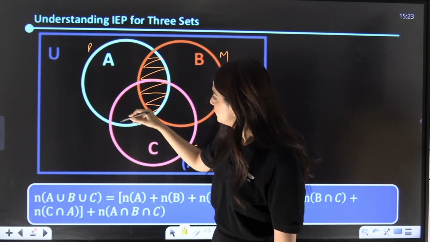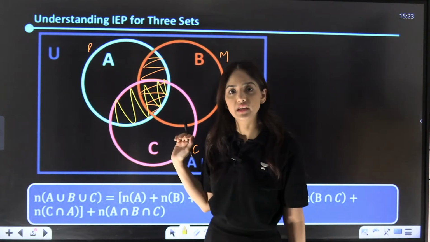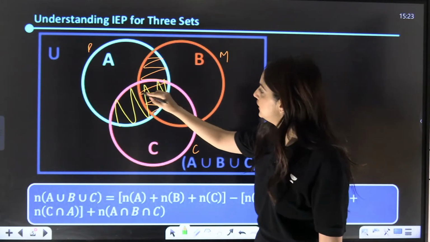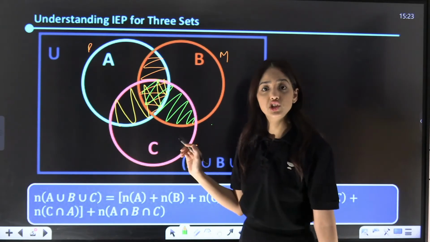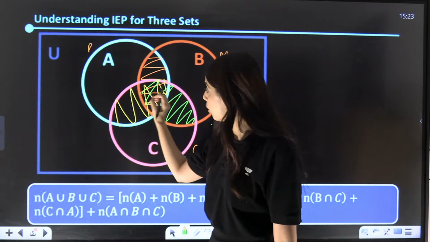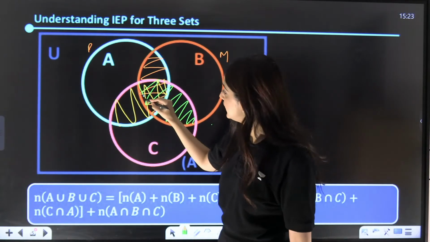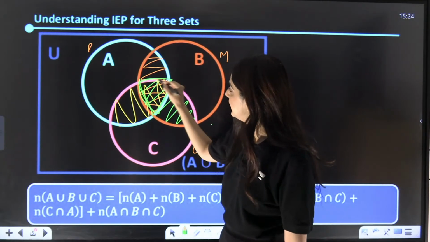P and C, these are all the teachers that are teaching both physics and chemistry. And similarly, maths and chemistry, these are the teachers that are teaching both maths and chemistry.